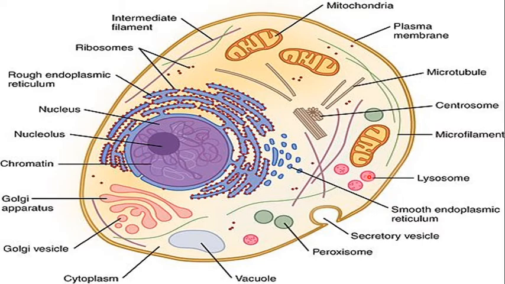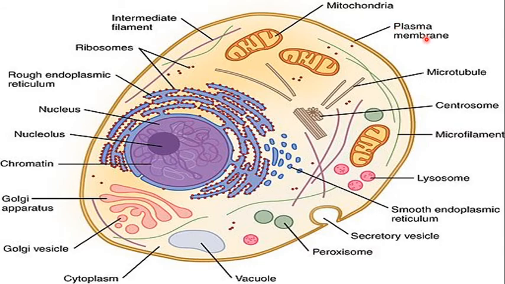Then lysosomes. I explained to you about the lysosome. Lysosomes are called the suicide bags of the cell. And here there are the Golgi apparatus and vesicles. These are the endoplasmic reticulum, which are net-like structures. There are two types, the rough one and the smooth one.